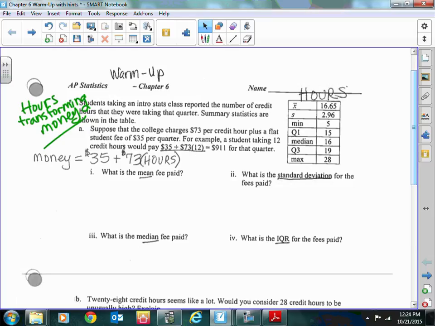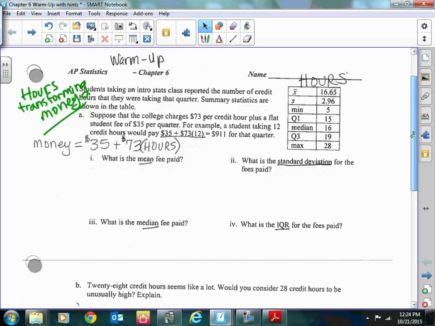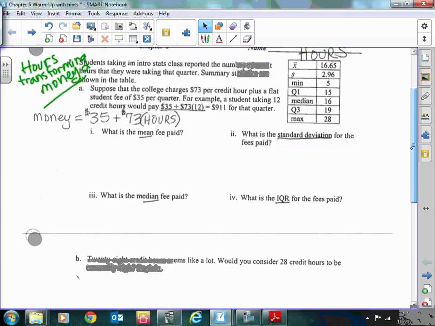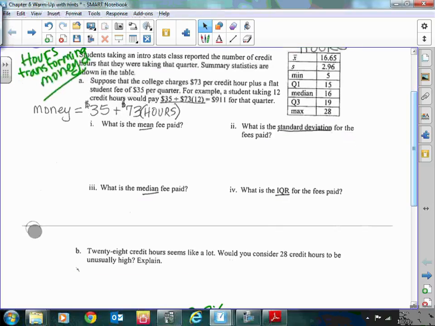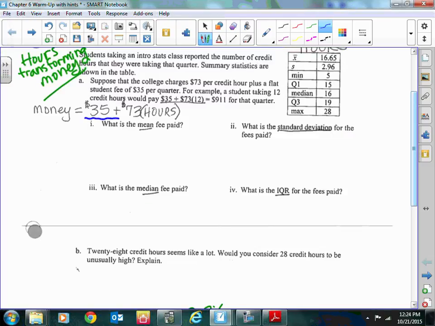If you remember our little thing about going through a transformation, addition and subtraction affects the center only. So this plus $35 is only going to change the mean and the median when you plug them in. For this mean, I would be taking the mean hours, plugging it in, and then computing.